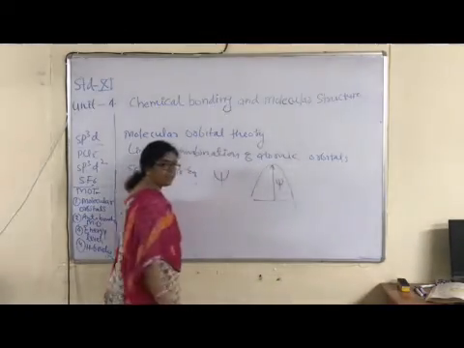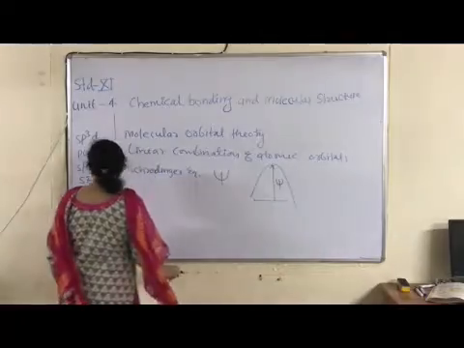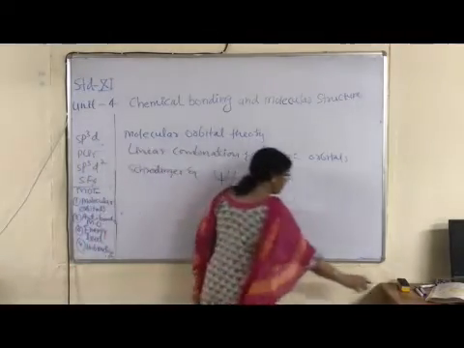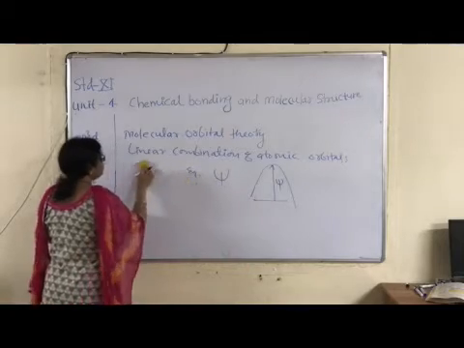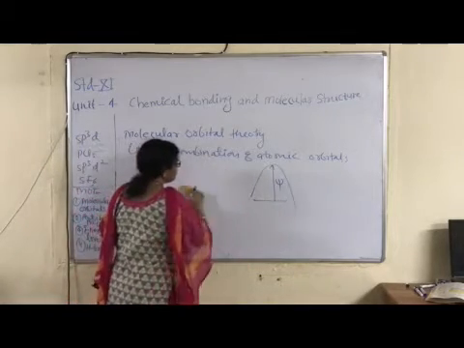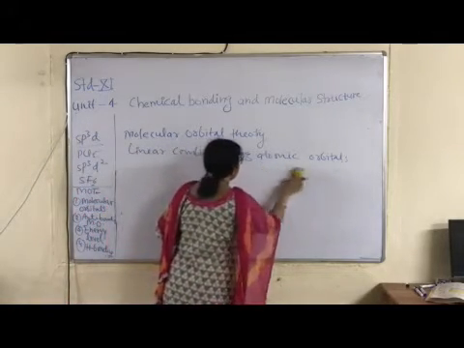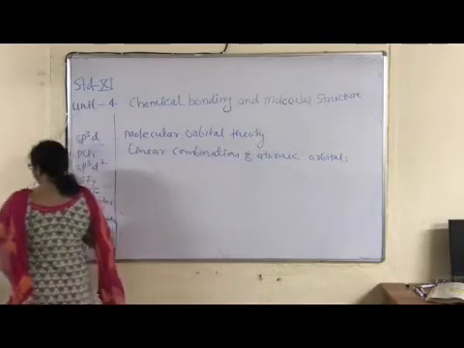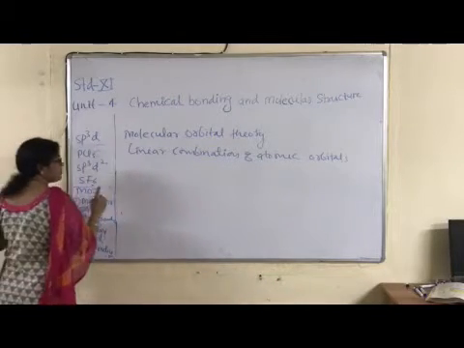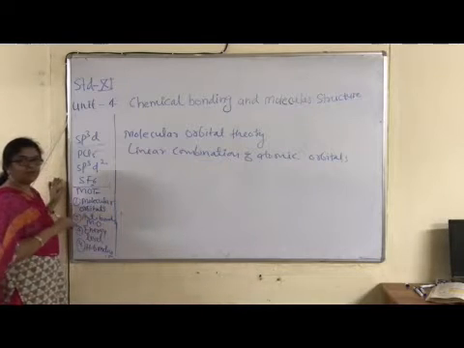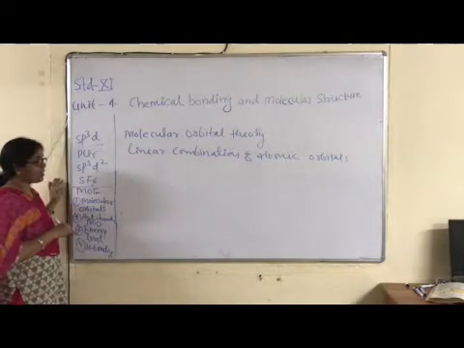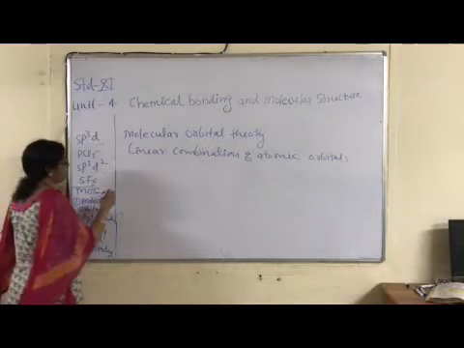Now, formation of two types of orbitals according to this MOT, by additive manner and subtractive manner. When only addition occurs, then formation of bonding molecular orbitals. Subtraction, then anti-bonding molecular orbitals.